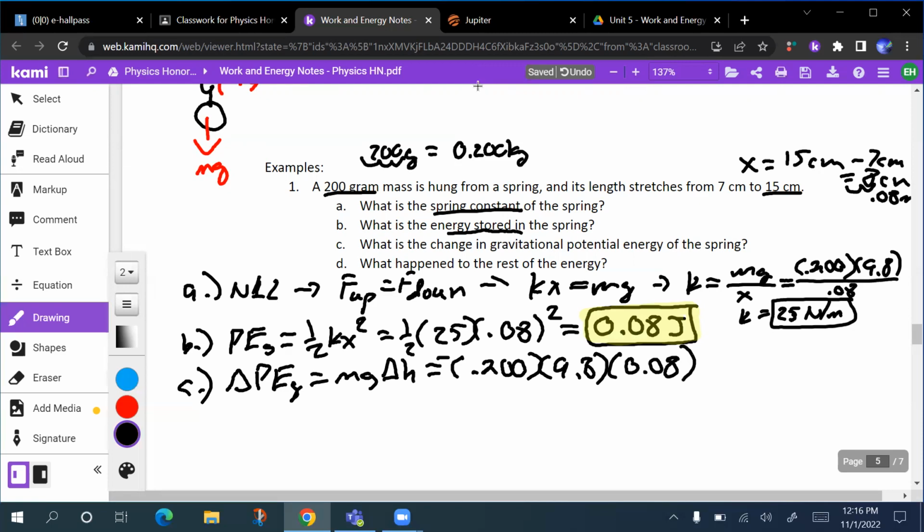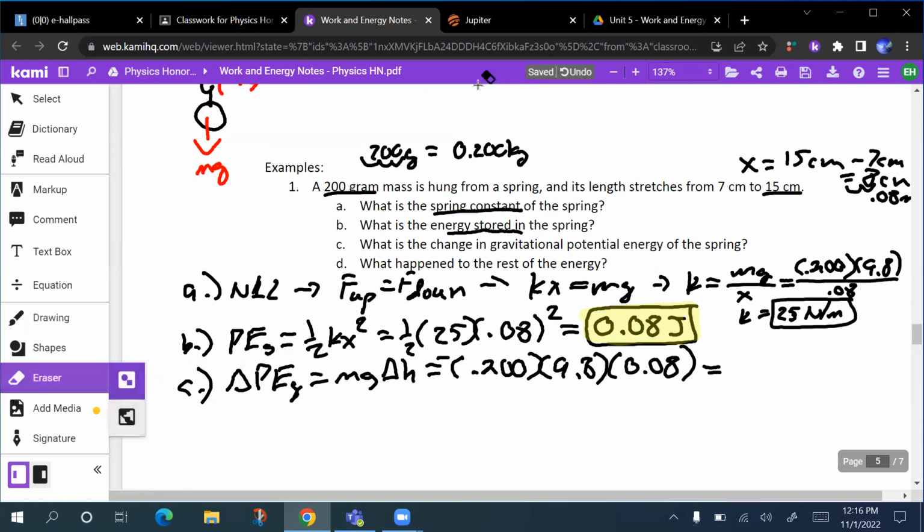Now, technically, it's negative because you did drop. The potential energy does decrease because it ends up dropping, but I just wanted to point that out. And we end up with about 0.16 joules.